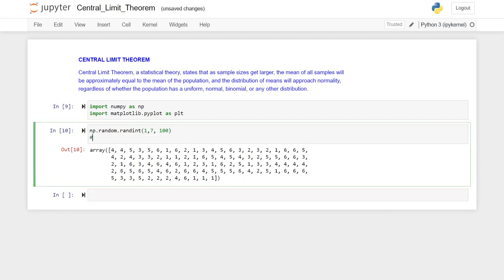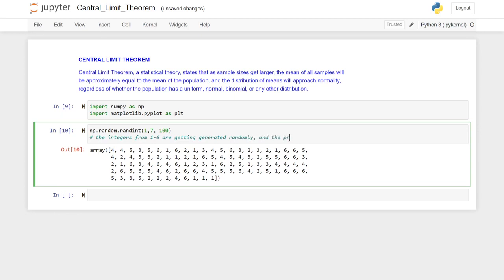We'll say the integers from 1 to 6 are getting generated randomly. And it is very important. The word randomly is important here.